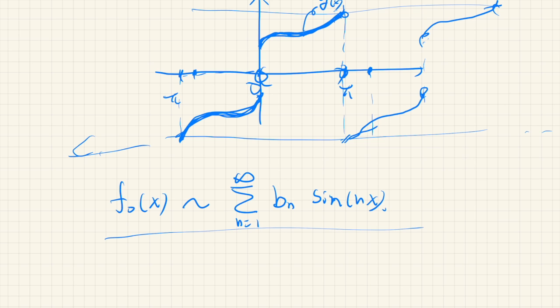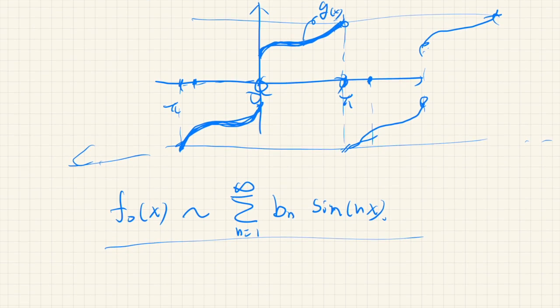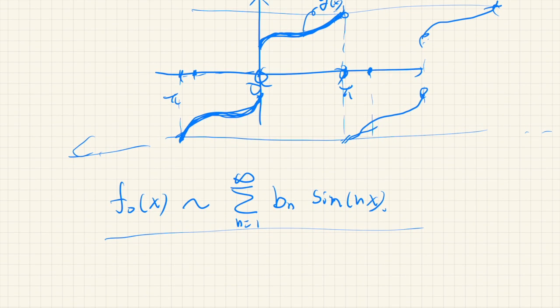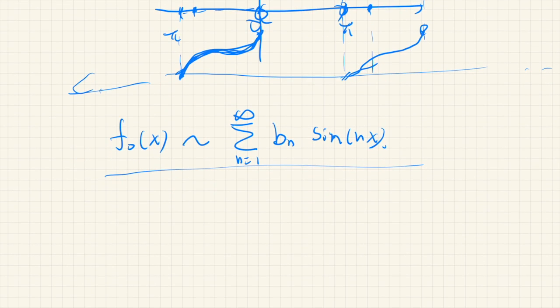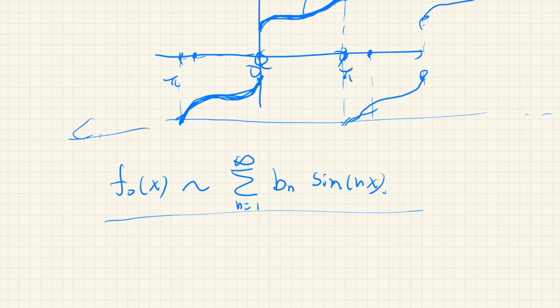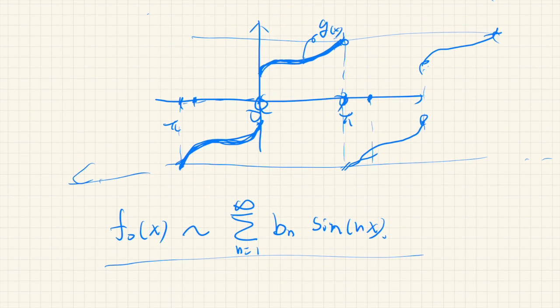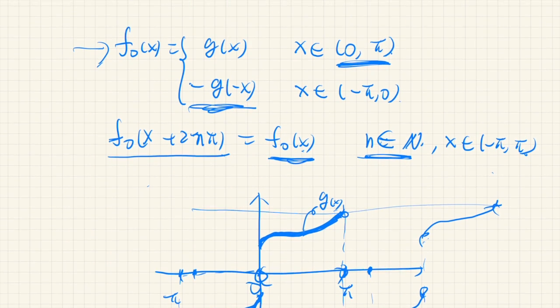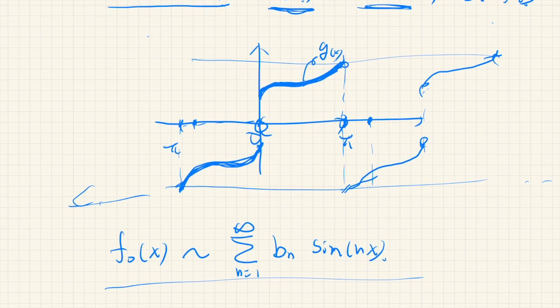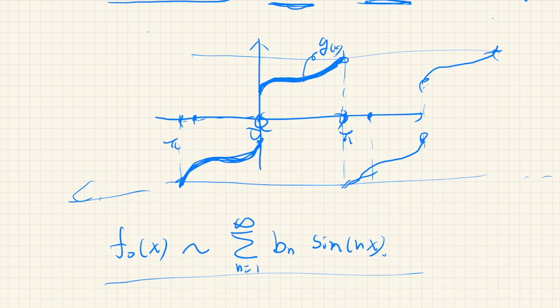So the Fourier series of g of x, which is not really periodic to begin with, can be expressed in terms of sines, a linear combination of sines.